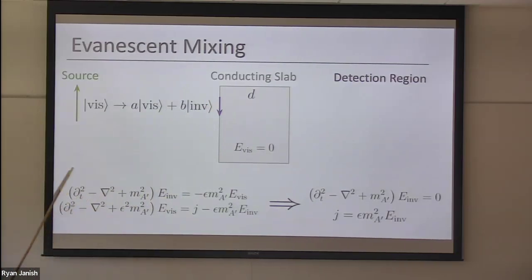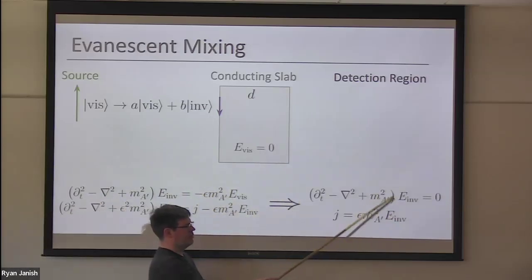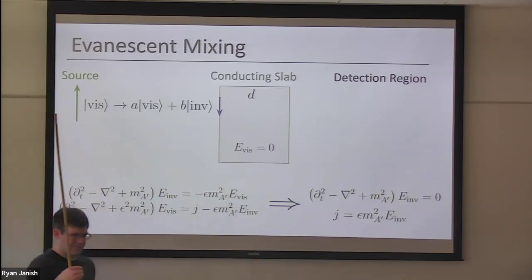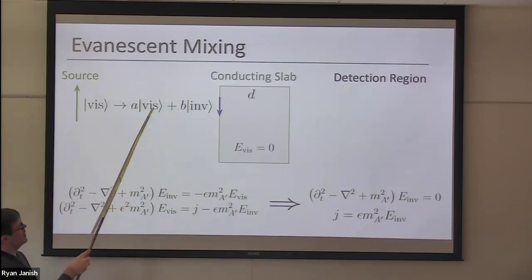And if we go back to our field equations for the visible and invisible pieces, there's this coupled thing in free space, but in a conductor, the visible components are shorted out, and now they're simply solved. You see that inside a conductor, the invisible is a propagation eigenstate, and it just has some mass. So what happens here is this guy will be shut off.